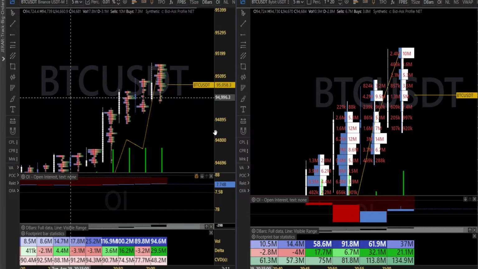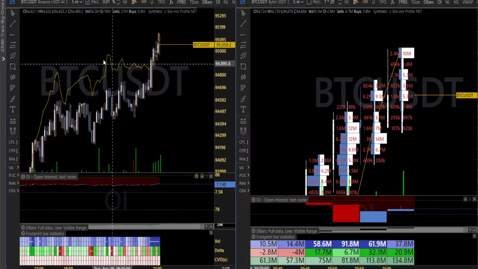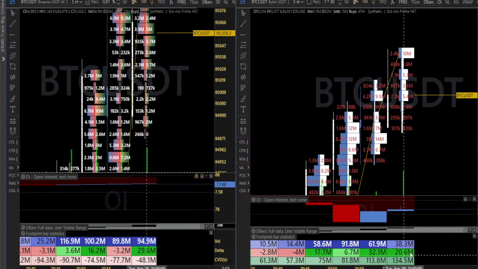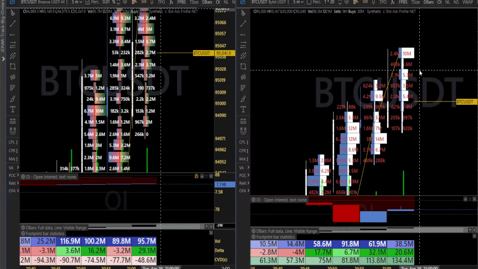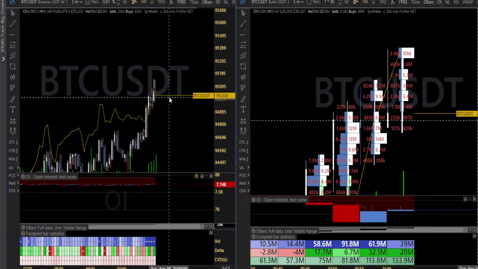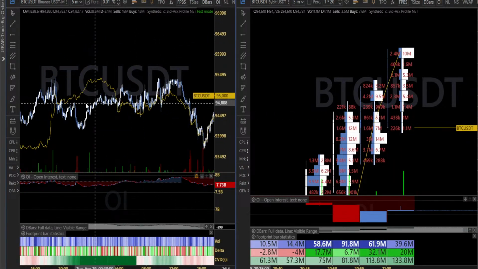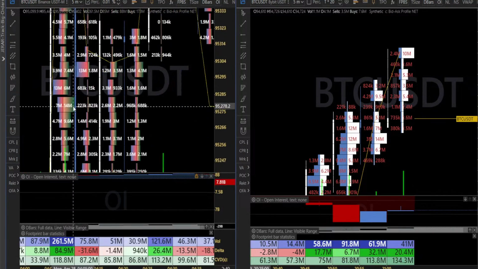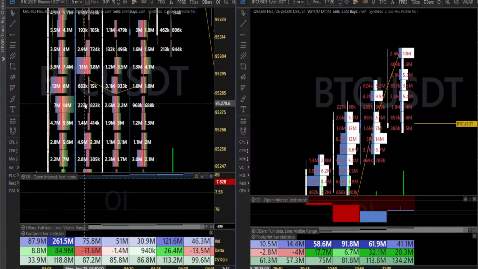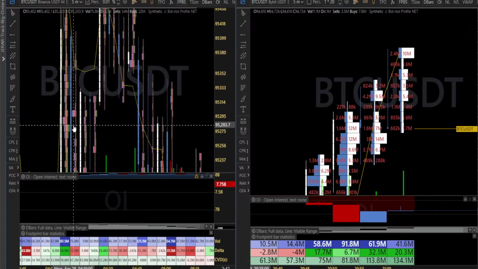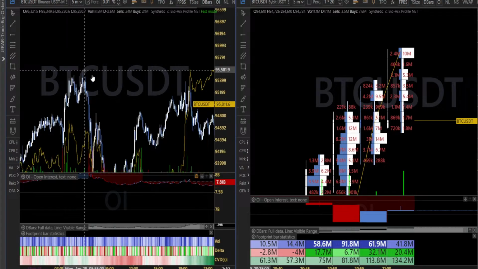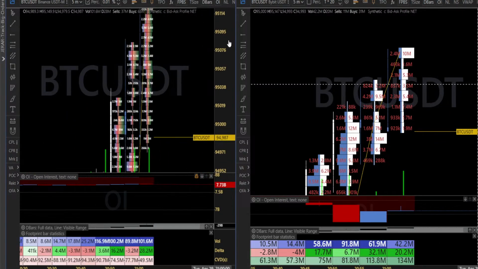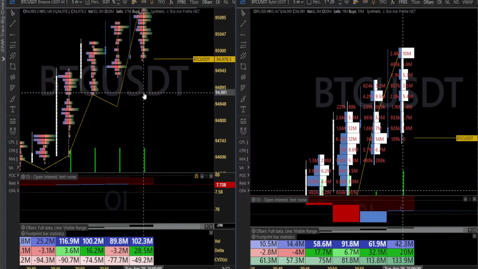People start top blasting, preempting the breakout, and now we're starting to see some of that. 29, 32, 20 million delta, a big 10 million long right at the top of this candle, an aggressive long. People top blast into these impulses looking for the breakout, trying to front run the breakout, and they end up top blasting a front run, and they get wiped out. So that's a possibility here, as you see all these longs piling in and shorts stopping out.